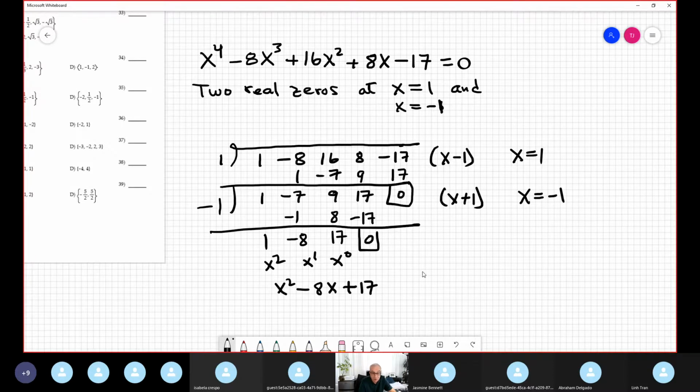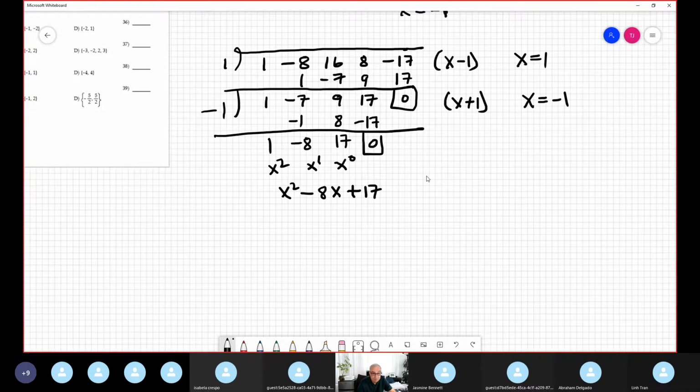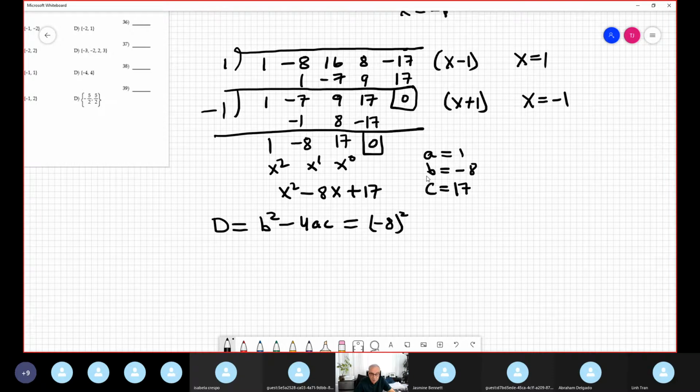I want to prove that it's an irreducible quadratic. To prove that, you compute the discriminant. A is 1, B is negative 8, and C is positive 17. So negative 8 squared is 64, minus 4 times 1 times 17. That is 64 minus 68, which is negative 4.